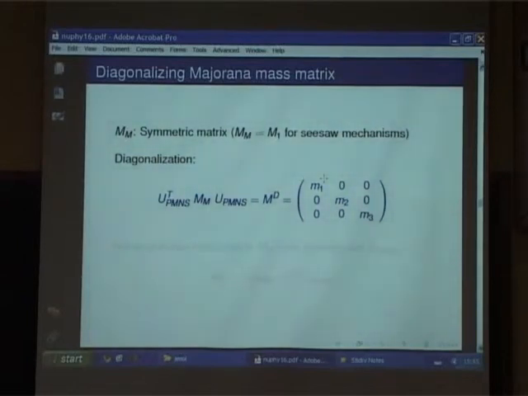So this means that now if I tell you the masses of all the neutrinos, and if I tell you what is my PMNS matrix, you should be able to give me what is my neutrino mass matrix.